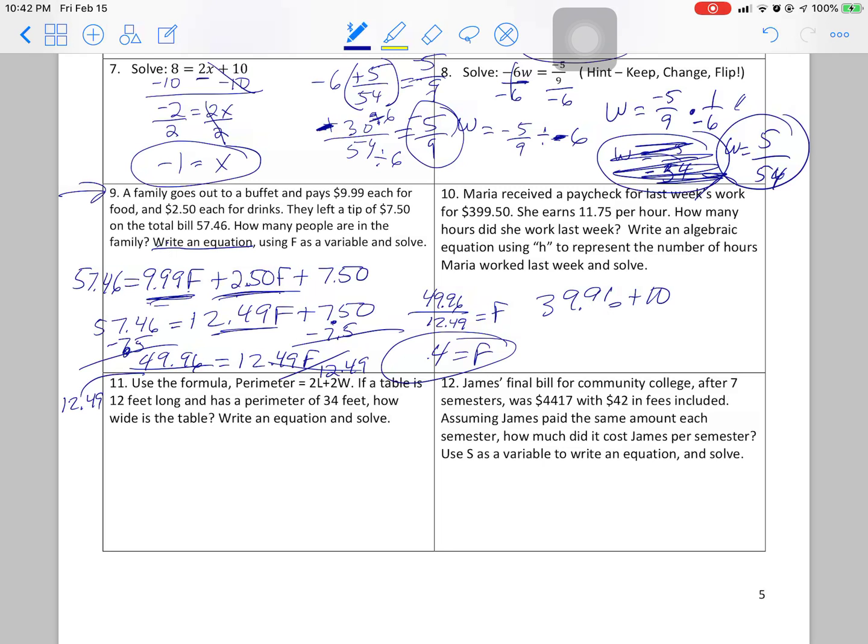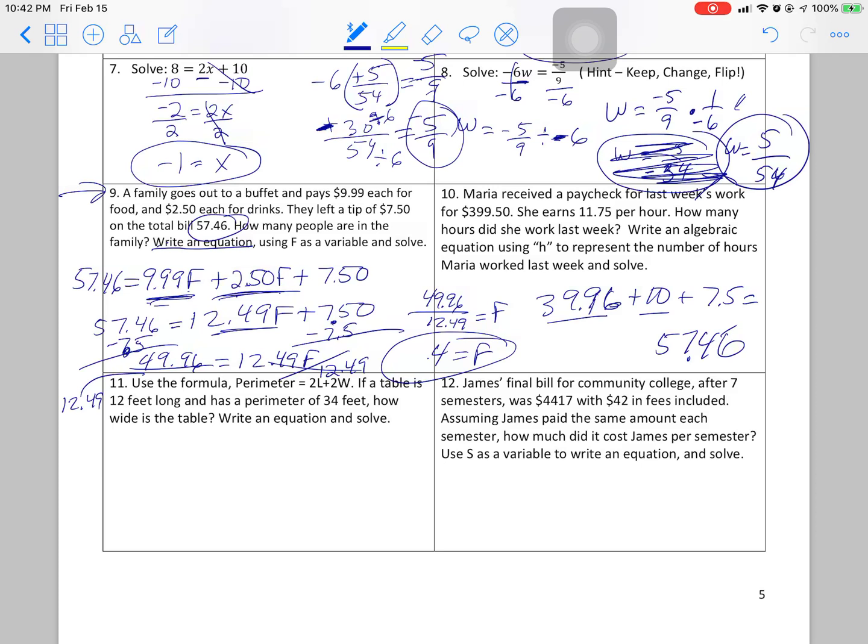It just doesn't look like a 9. Okay. So that's the food, plus the drink, plus the tip. And let's see. So 10 plus 7.5 plus 39.96 equals 57.46, which is the total bill that we put on the table. So we're good. So my final answer is 4.